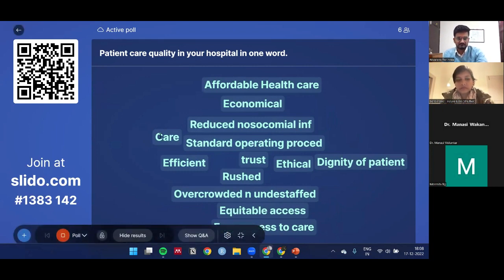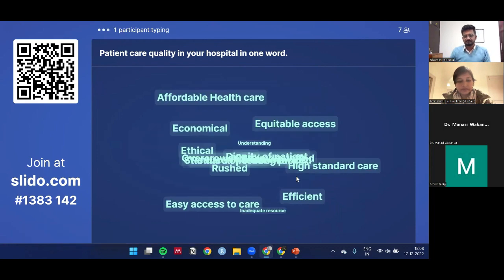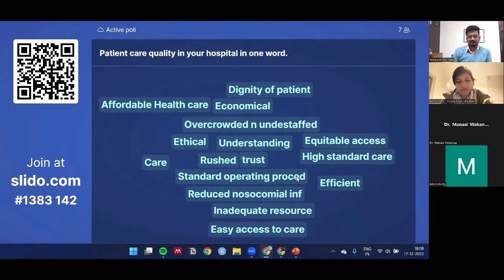So will it be possible for you to take a screenshot of this, Dr. Sonali? I just did it. I'll do it again because it's been updated. 1 second. I'm just a little slow at this.